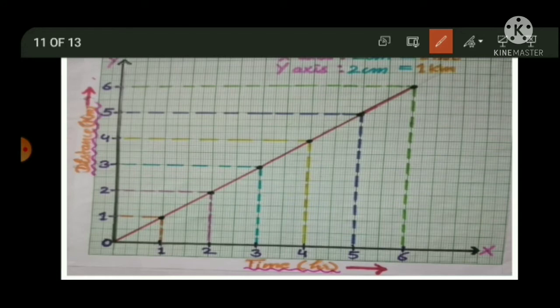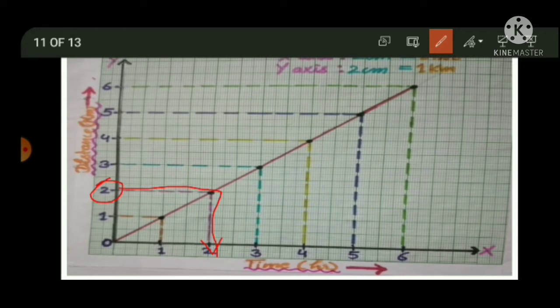On the y-axis I have written 1, which means 1 kilometer covered in 1 hour. Above it, 2 means 2 kilometers covered in 2 hours.